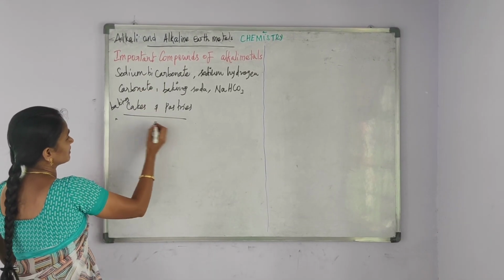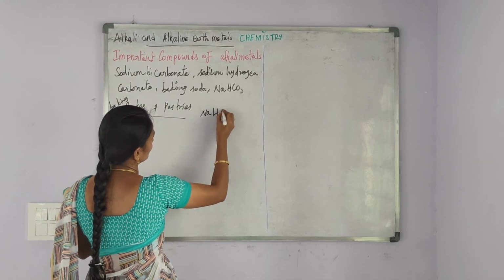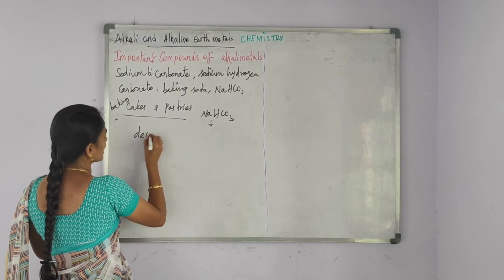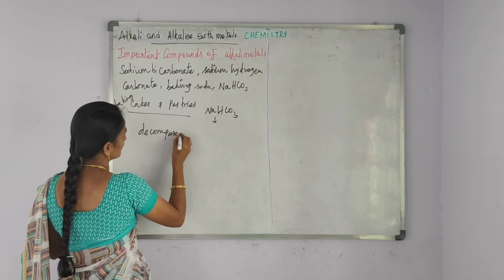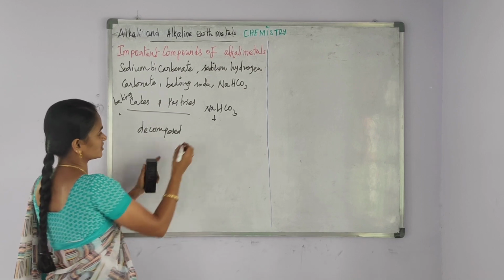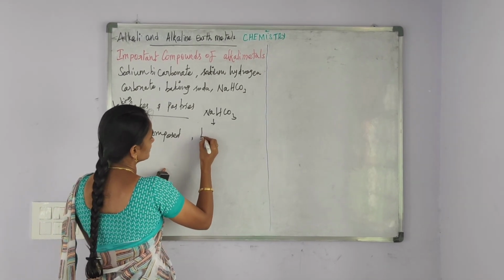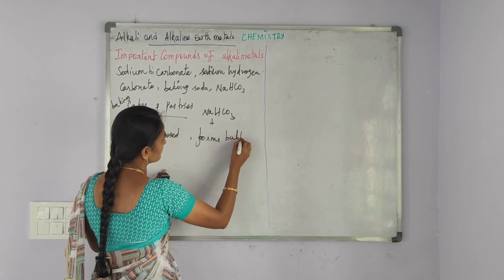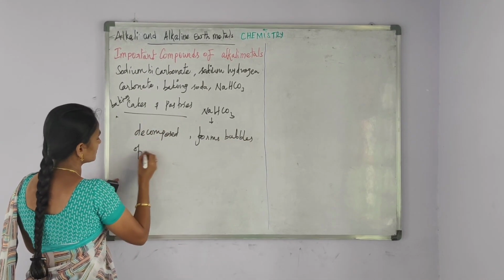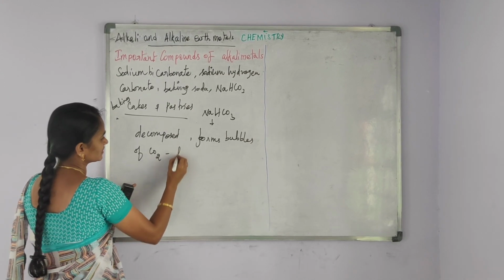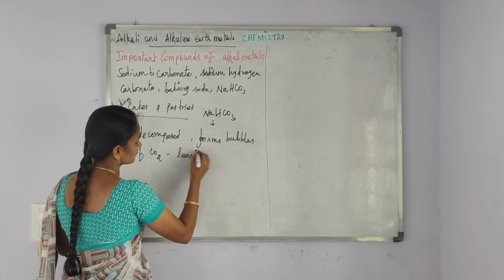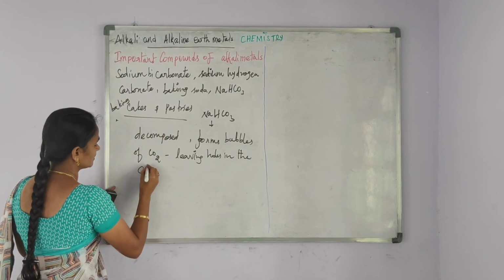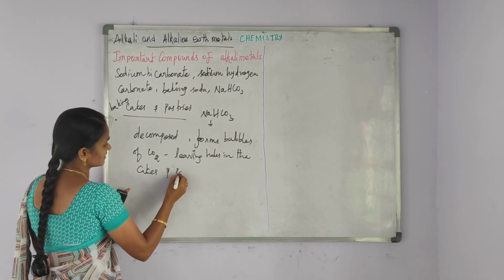Anyway, sodium bicarbonate on heating is decomposed and forms bubbles of carbon dioxide, leaving holes in the cakes and pastries.